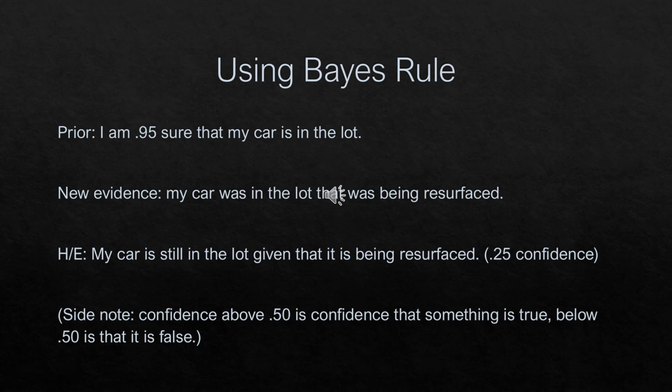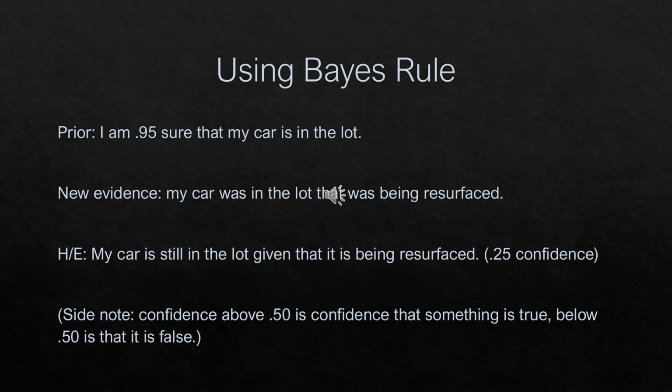So the statement we're interested in is whether or not my car is still in the lot, given that the lot is being resurfaced. And the confidence I have in that is like 0.25, right? Under 50 means I'm confident that it's being towed. I have a tiny inkling of a hope that the thing is still there, but now I'm more sure that it's towed in some sense.